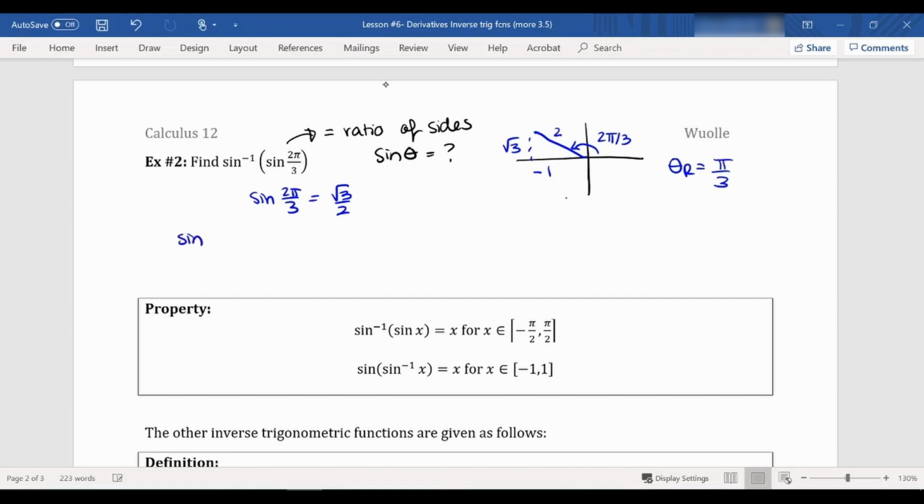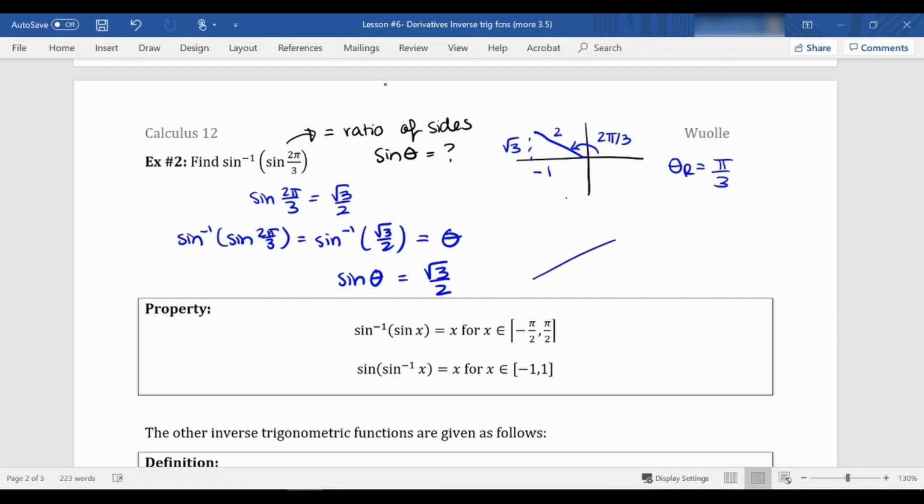So sine inverse of sine of 2 pi over 3 is the same as finding sine inverse of root 3 over 2. And inverse sine of root 3 over 2 is going to equal an angle. So the other way of saying this is sine theta equals root 3 over 2.